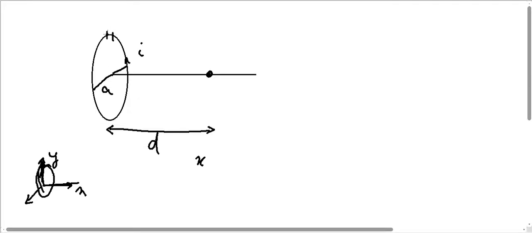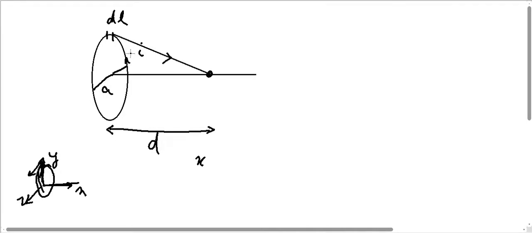So because of this small wire dl, my r vector will be the line joining the dl with this point. Direction will always be toward this point. My dl vector, because it is in the yz plane, will be along the z axis, if you can imagine the dl which I have taken here.